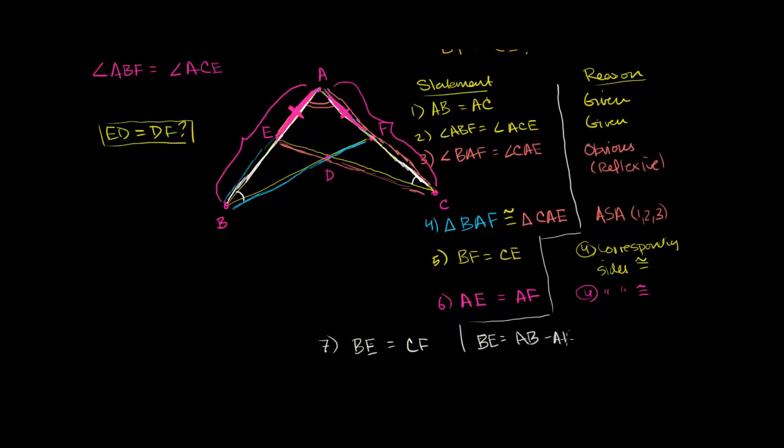minus AE, which is the same thing, based on these last few things that we saw, as saying AC minus AF, because AB is equal to AC, and AE we already showed is the same thing as AF. AC minus AF is the same thing as CF right over here.